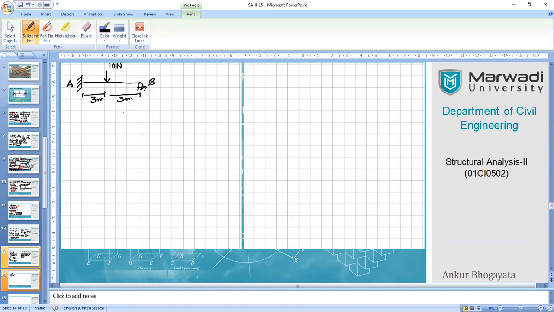So now you have to check that if I want to make this propped cantilever, which is an indeterminate structure, how I can make it determinate. Right? So if you examine this particular beam, what is the hurdle that you have to think about?